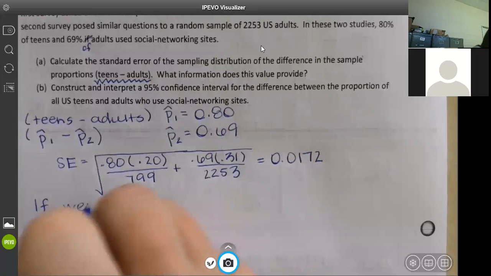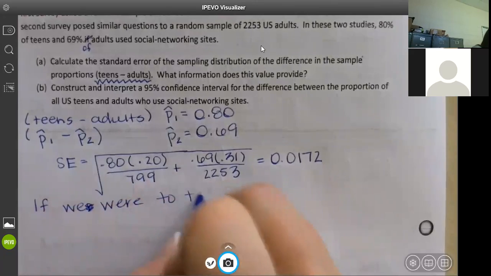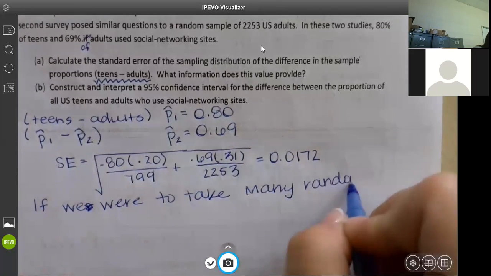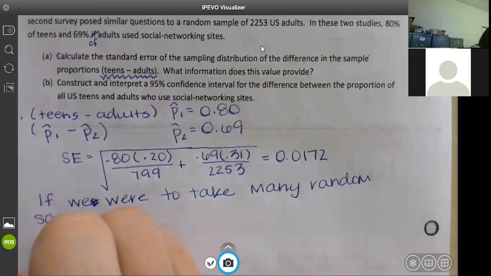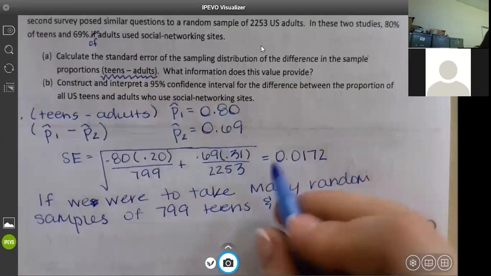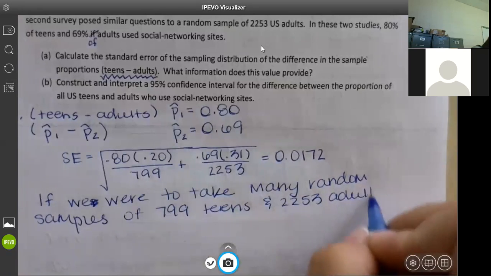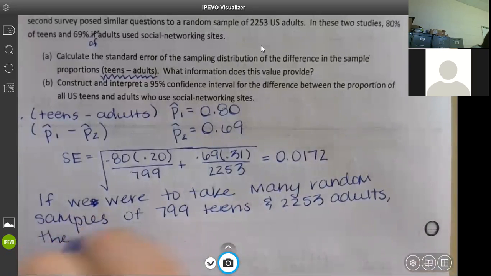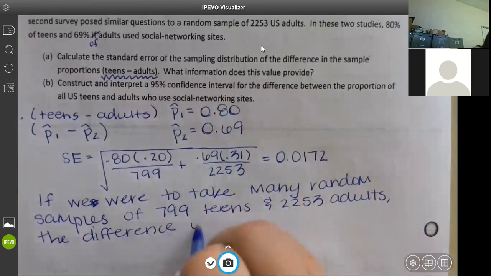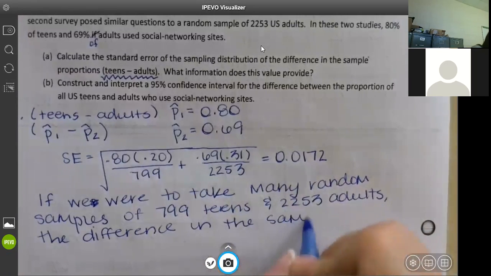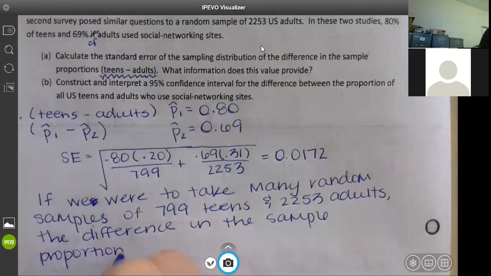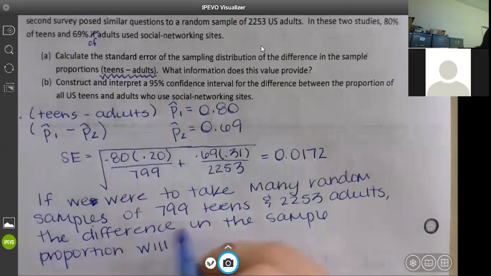If we were to take many random samples of 799 teens and 2253 adults, the difference in the sample proportion, that's what we were trying to find, the difference in the sample proportion will typically differ from the mean.